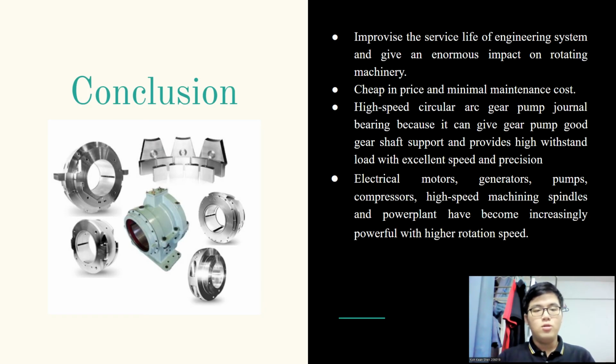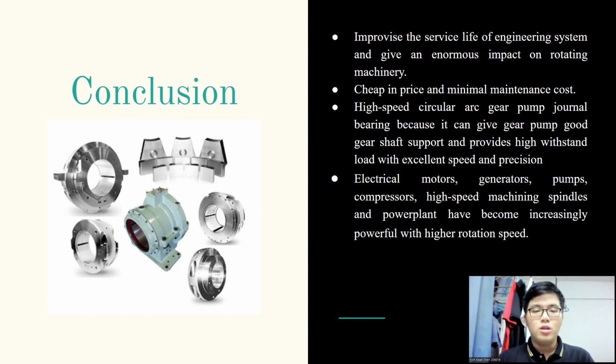Next, I'll give the conclusion. In conclusion, the hydrodynamic journal bearing is important as it improves the service life of the engineering system and has an enormous impact on rotating machinery. Hydrodynamic journal bearings are commonly used in industry due to their simple design and manufacturing. They are cheap in price and have minimum maintenance costs.